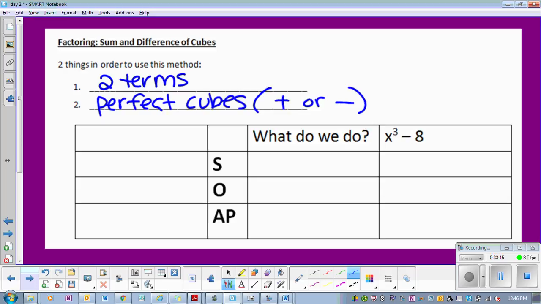All right, so with this, this factoring is just a little bit different from the other factoring you've done. This has a pattern that you have to follow. I'll refer to this as the SOAP way. And what does that stand for?